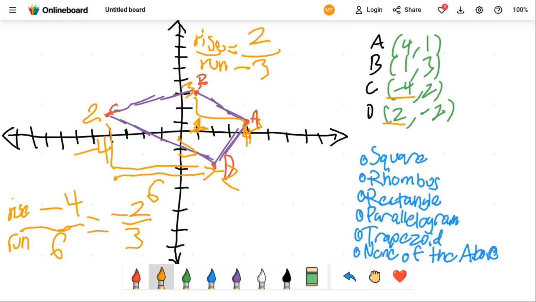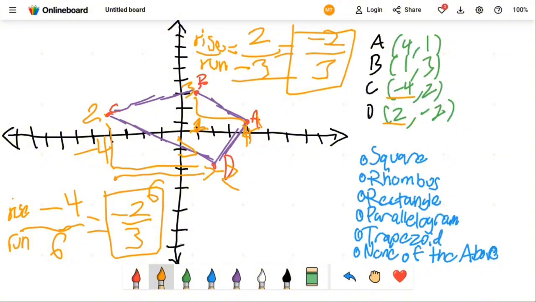The rise is 3 minus 1, which is 2. That gives us a slope of -2 over 3, already simplified. So the slope of line CD, -2 over 3, is the same as the slope of BA, -2 over 3.